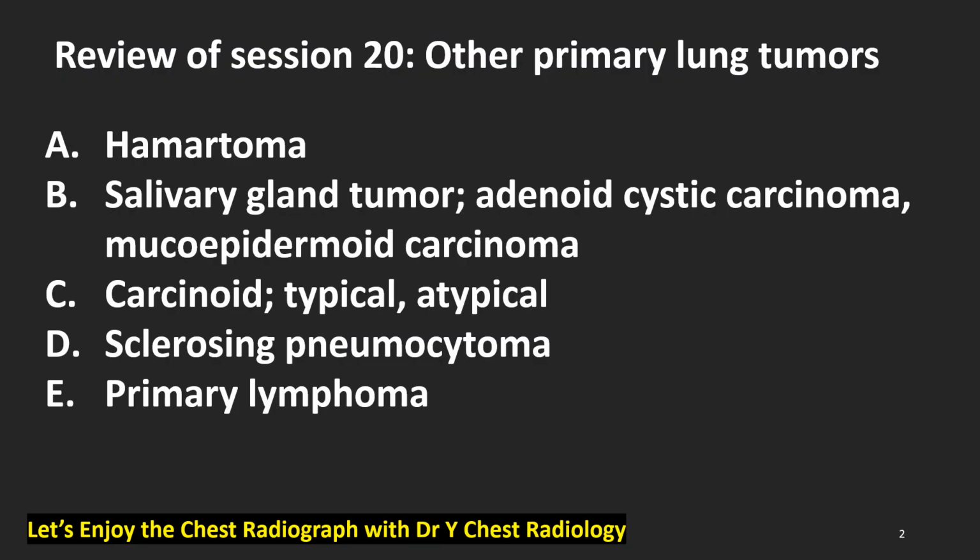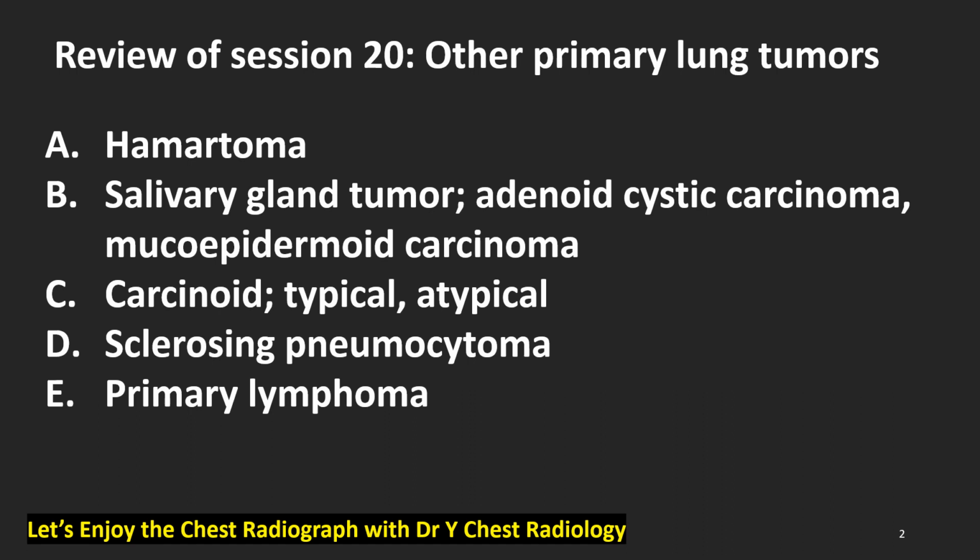Before entering session 21, let's review session 20, other primary lung tumors. What do you remember with the name hamartoma? Yes, most common. Yes, fat tissue, and sometimes stippled and popcorn calcification. Great. B. Salivary gland tumor such as adenoid cystic carcinoma and mucoepidermoid carcinoma.